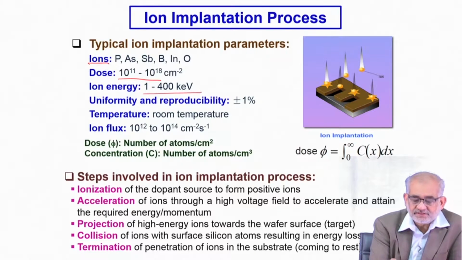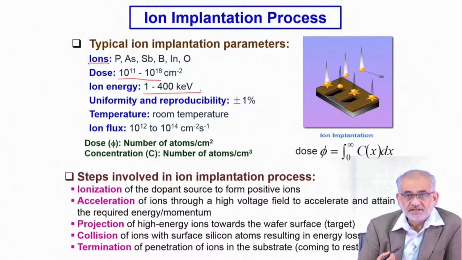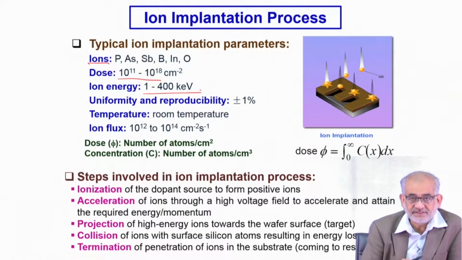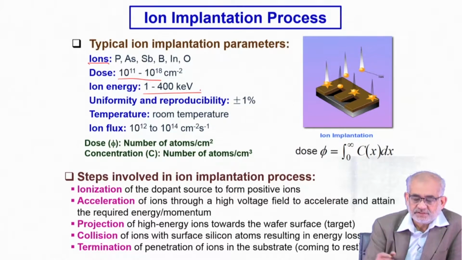The energy with which the ions are accelerated would be anything like a few hundred keVs. You require the implanter to have a capacity of about 1 MeV maximum, but typically you use a few tens of keVs to a few hundred keVs.